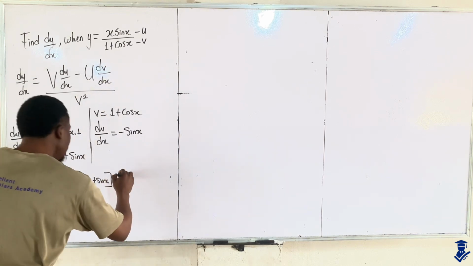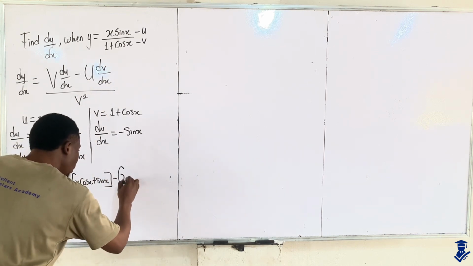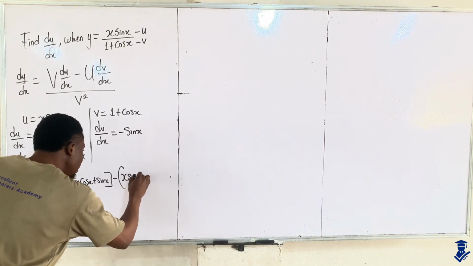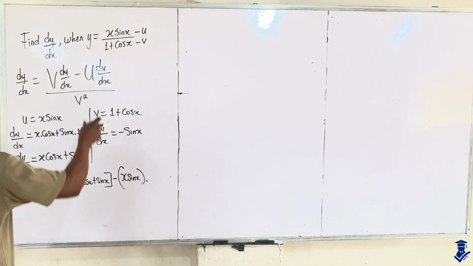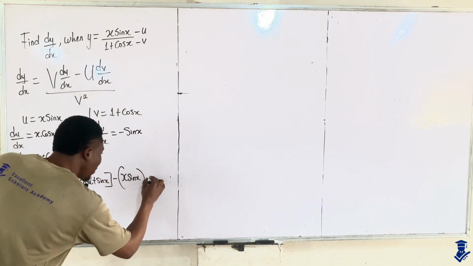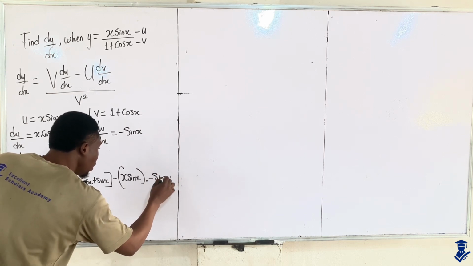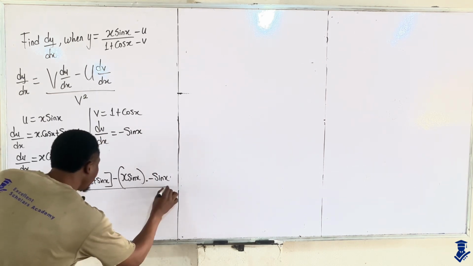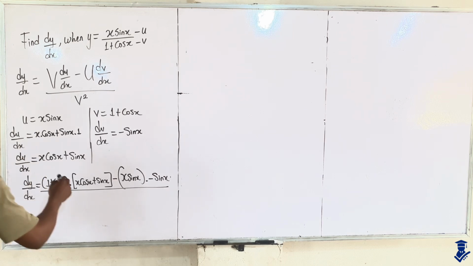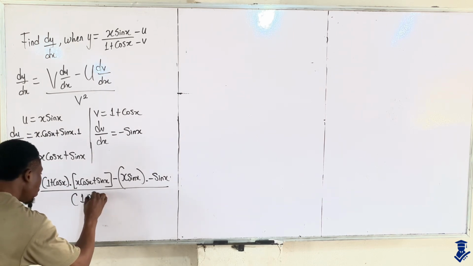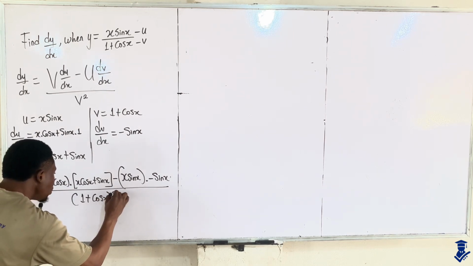Our u is x sin x, multiplied by our dv/dx, which is minus sin x. All over v squared. Our v is 1 plus cos x, all squared.